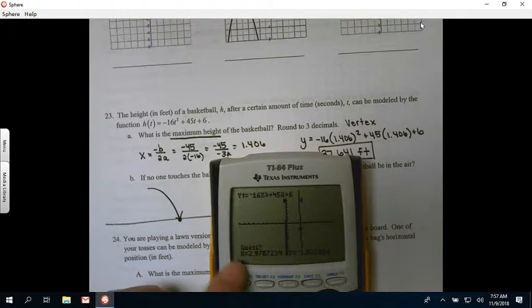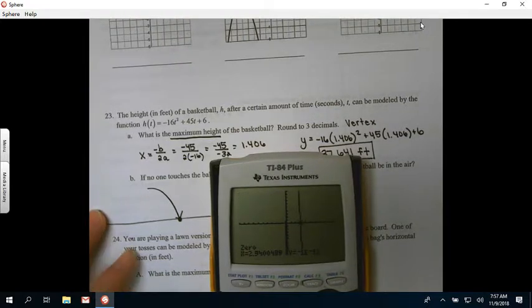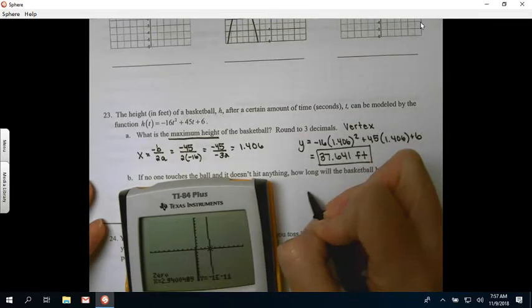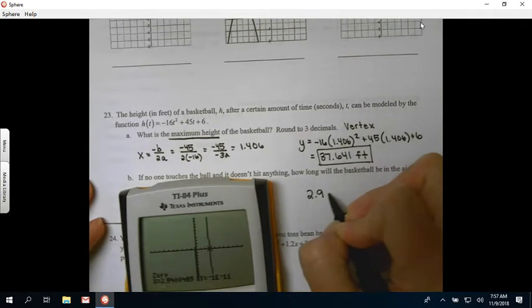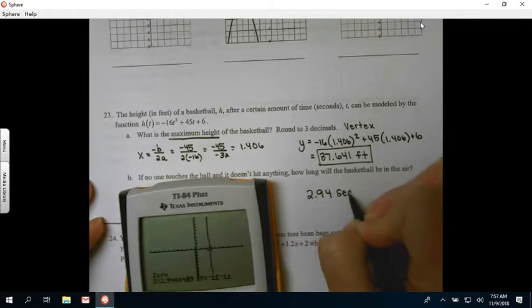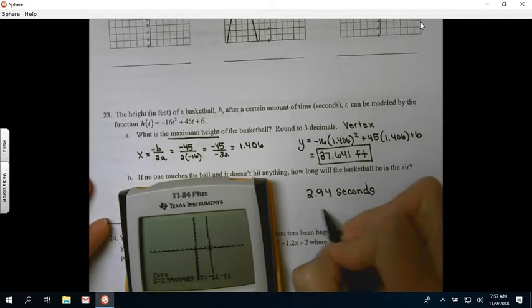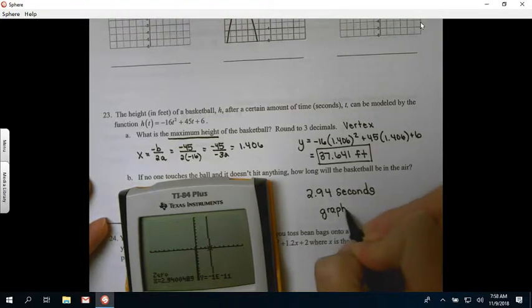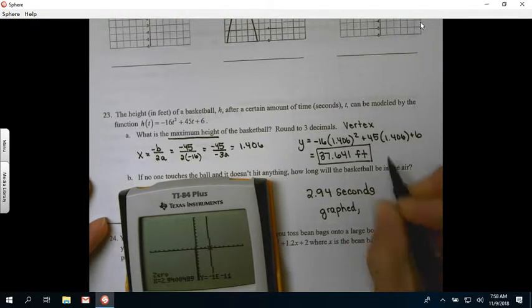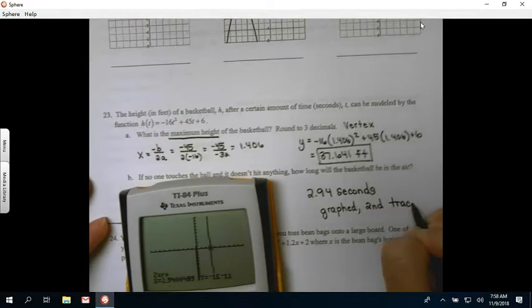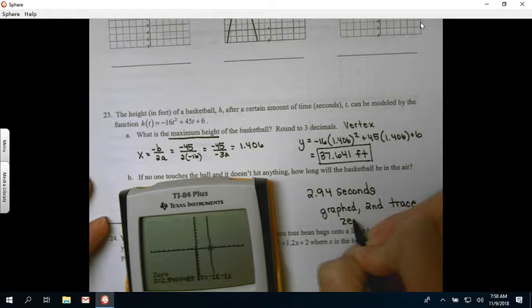And the last thing it says is guess, and there is my answer, so 2.94. So it will be in the air for 2.94 seconds. Alright, so I graphed it, and then I hit second trace, and then I chose zero.